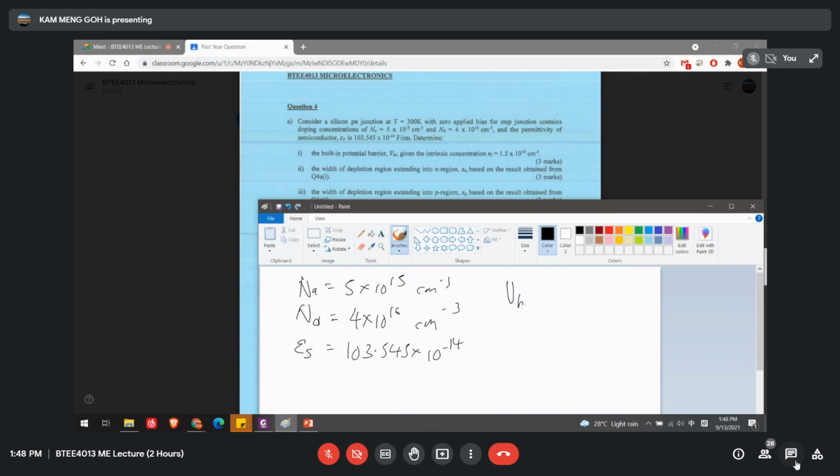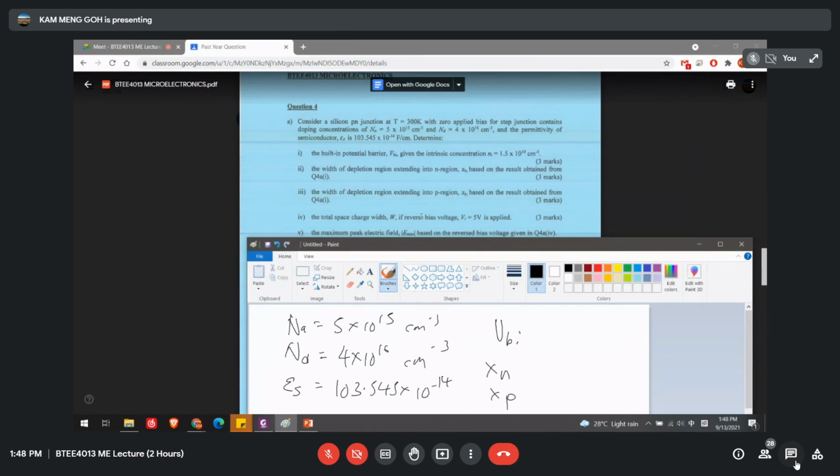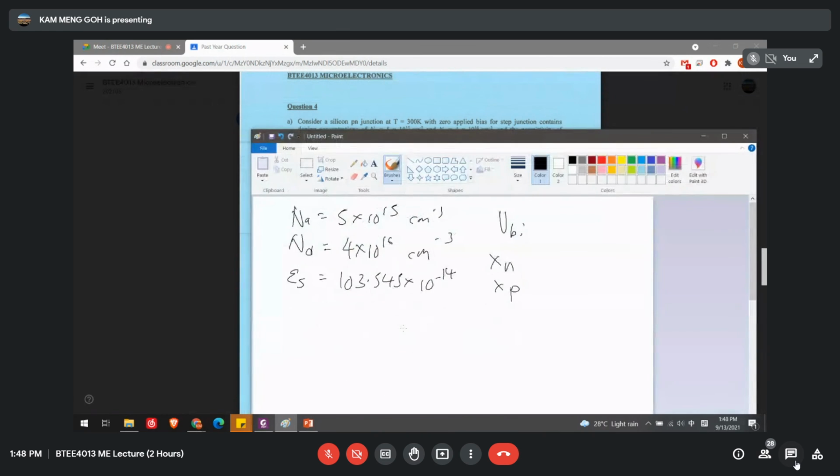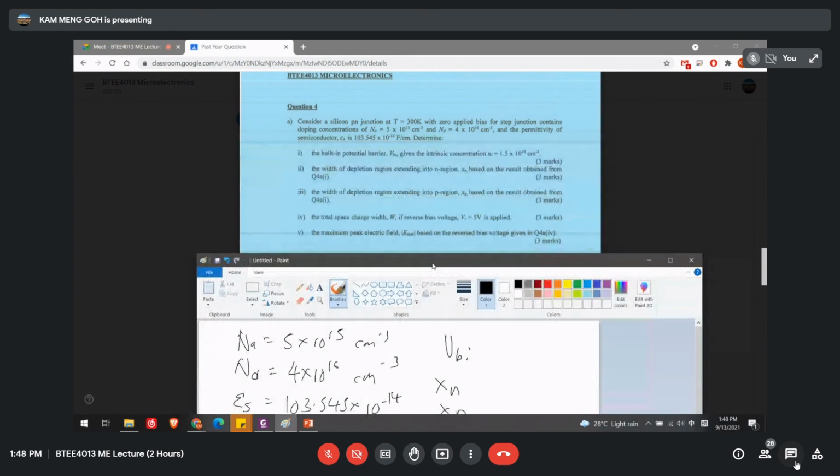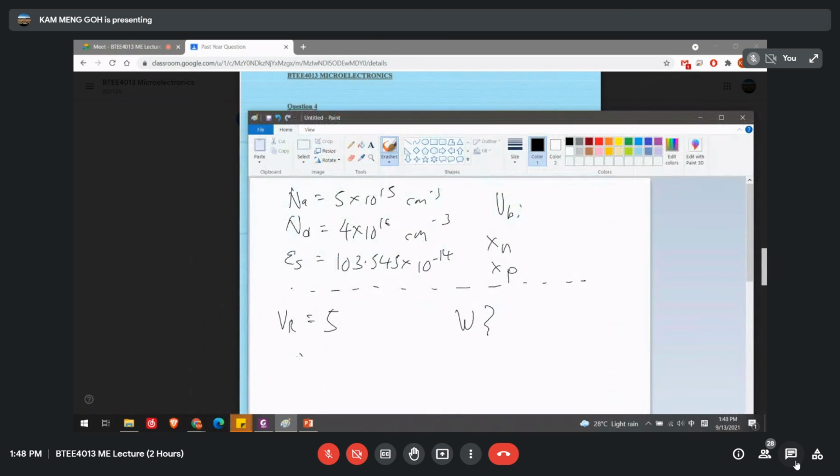Calculate the VBI, then SN, SP, and then if the reverse bias is 5 volt, at first this one all are zero bias. So if the reverse bias is 5 volt, what are the W and then the Emax, based on the reverse bias?